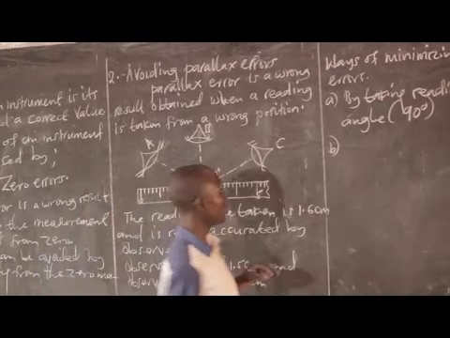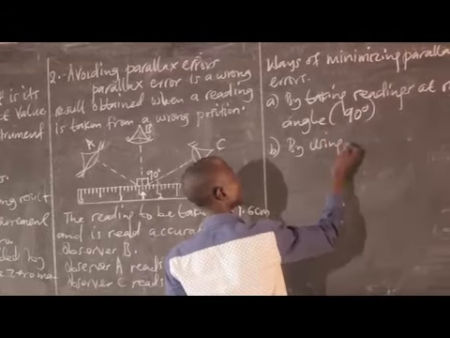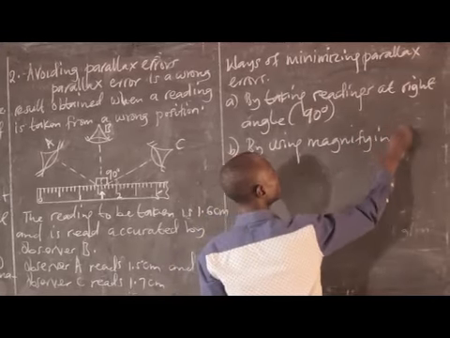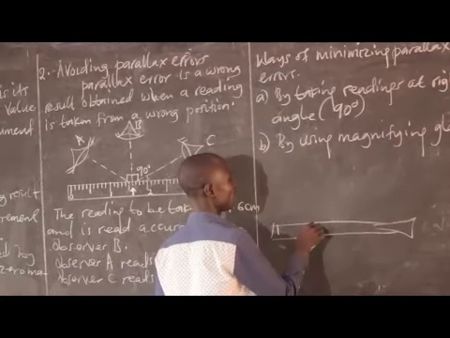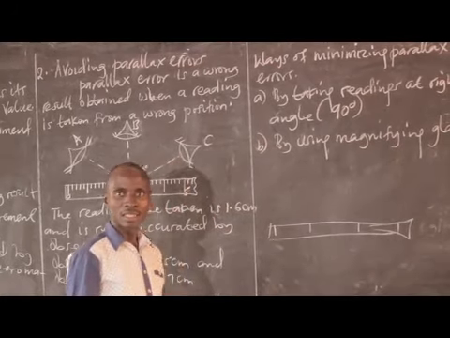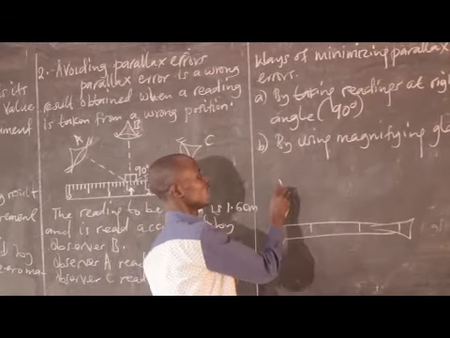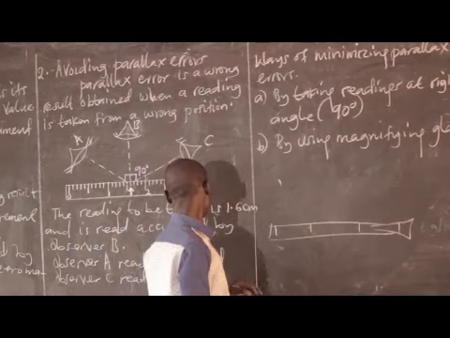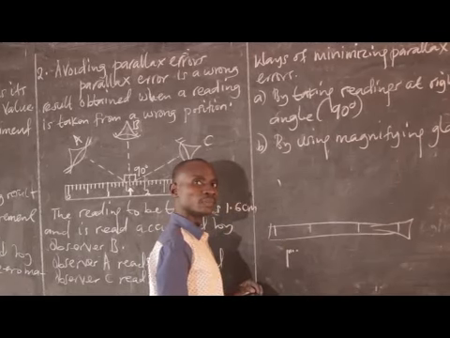They will be far apart. This one will be here, the next one here, the next one here, such that you can't confuse them. Even if you stand here and you want to read this, you can't read this one instead of this because they are far apart.